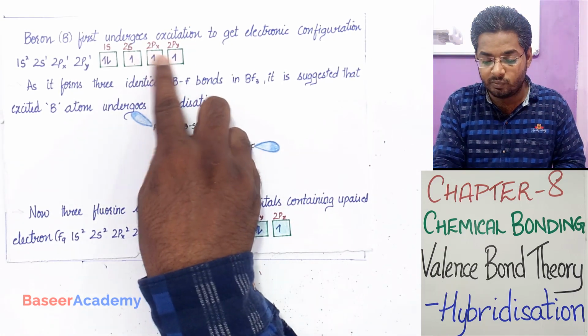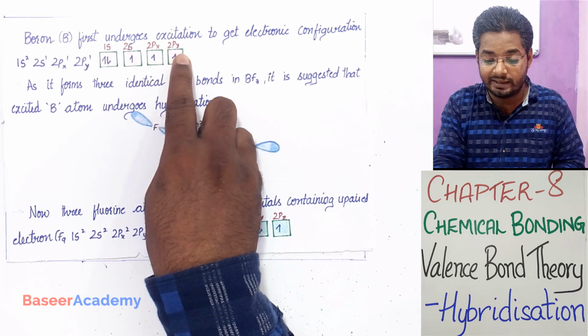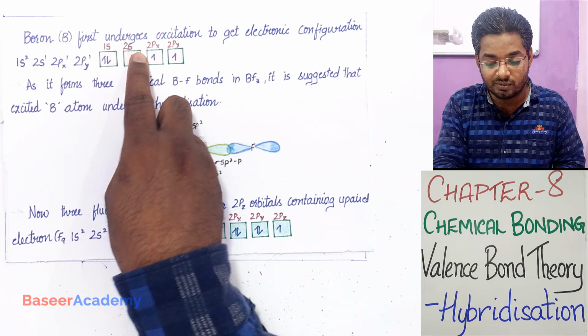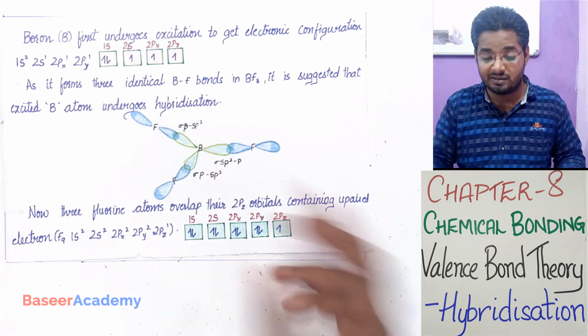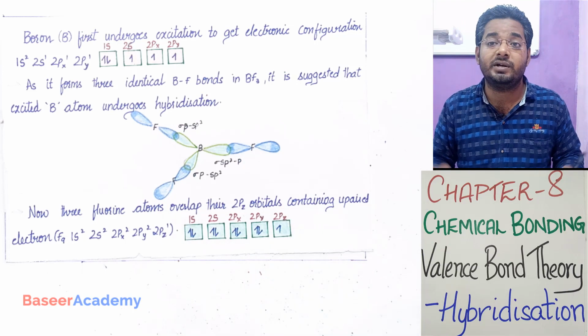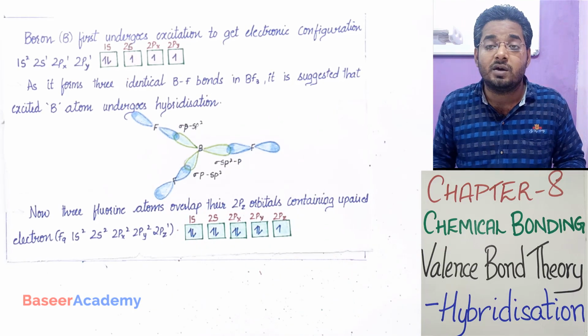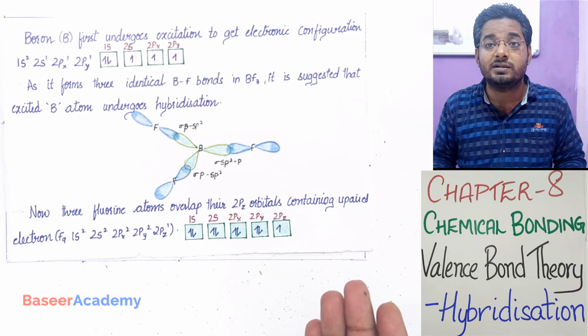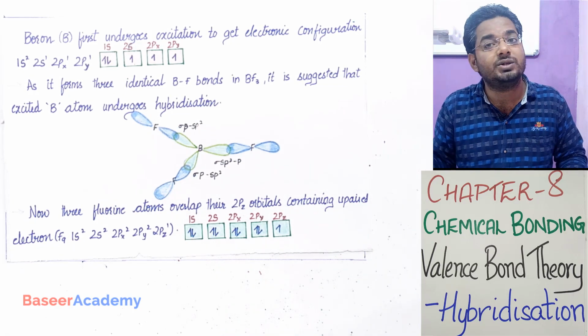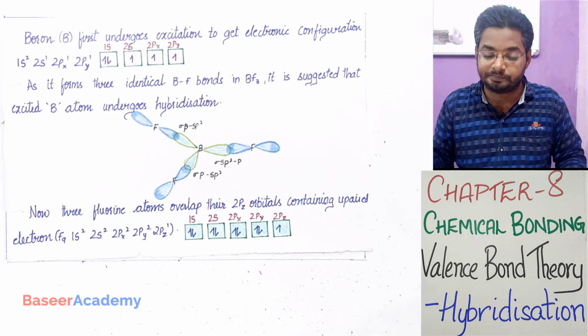So we don't have a problem with px and py, they are identical, but this is s. So you have an s orbital and then you have p orbitals, different orbitals that are overlapping with the 2pz orbital of the three fluorine atoms. When the overlapping orbitals are different, it is evident that the bond strength and the bond length should be different, right?